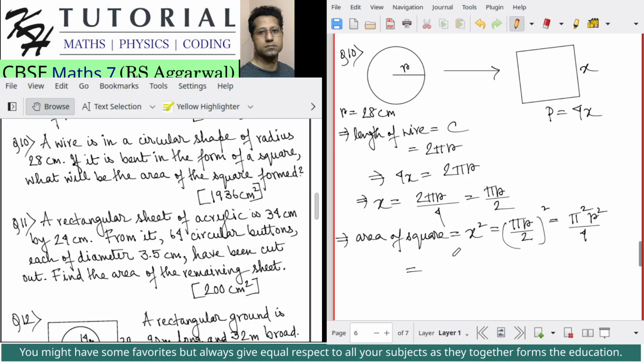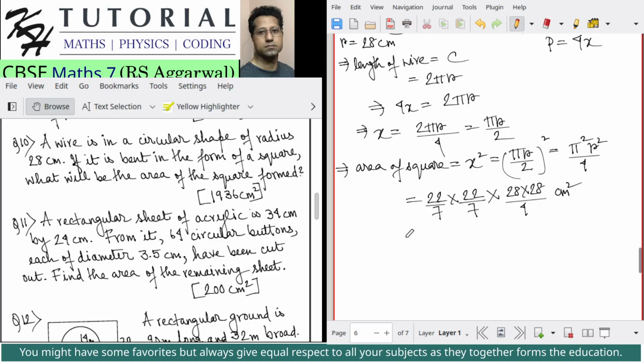This is equal to 22 by 7 multiplied by 22 by 7 multiplied by r square. R is 28, so 28 multiplied by 28, and then we have divided by 4. This much centimeter square.